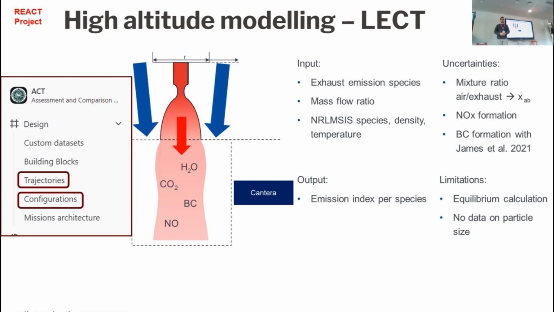We have the NRLMSIS atmospheric model implemented that gives out the atmospheric species and density at the local time, altitude, latitude, and longitude. And with that, we are then calculating the final emissions. Of course, it's important to say that currently there are a lot of uncertainties in this field because we don't have measurements of higher atmospheric emissions, but the tool is already there and we can further develop it in the future if we get better data.